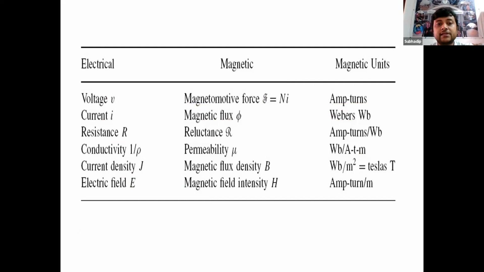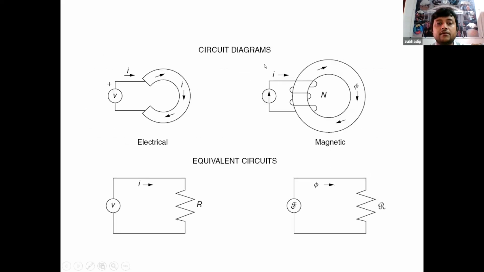Now we'll move on to the next slide. This is the basic diagram, the circuit diagrams between the electrical and magnetic circuit. In the electric circuit the current is directly flowing.